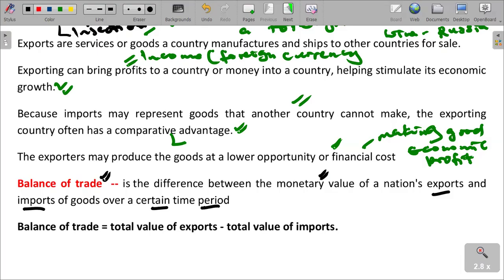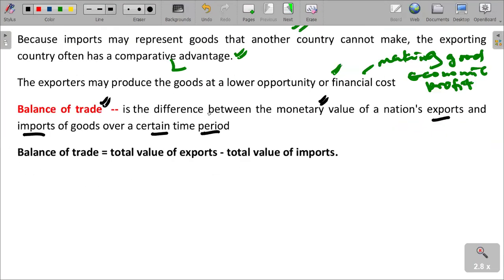So when we look at balance of trade, we are assessing the financial status of a country in terms of the ratio of imports to exports in monetary terms. How much money has been made by selling to another country versus how much money has been paid out in importing certain goods. So balance of trade is equal to total exports minus value of imports.